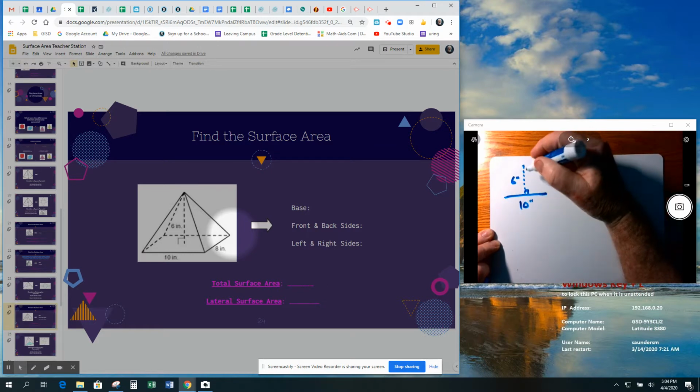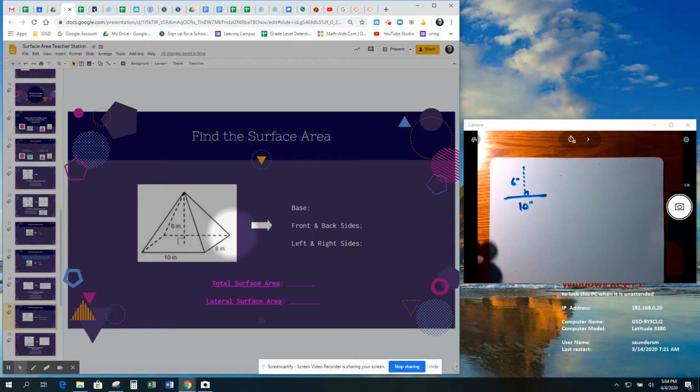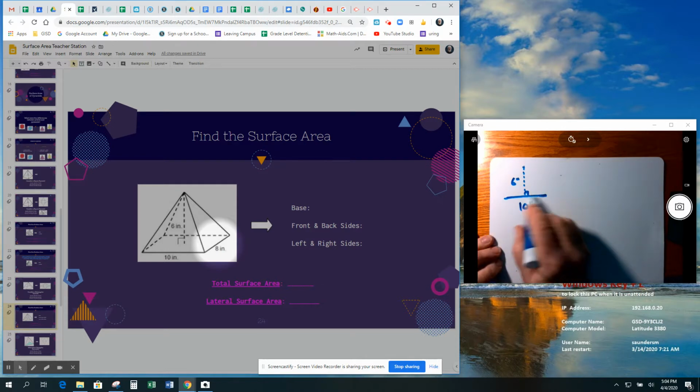If we follow this dotted line out to the edge, it would be 1/2 of this dimension of 10 inches, so this part right here is going to be 5 inches.